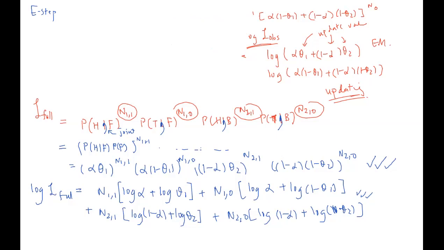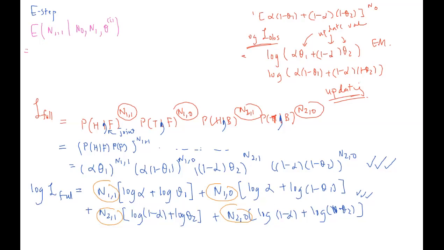So in the E step, we have to identify which part to take expectation of, right? So this part, we can take conditional expectation. These four things, right? So the first one is to take the expectation of N11, conditioned on the incomplete data, right?